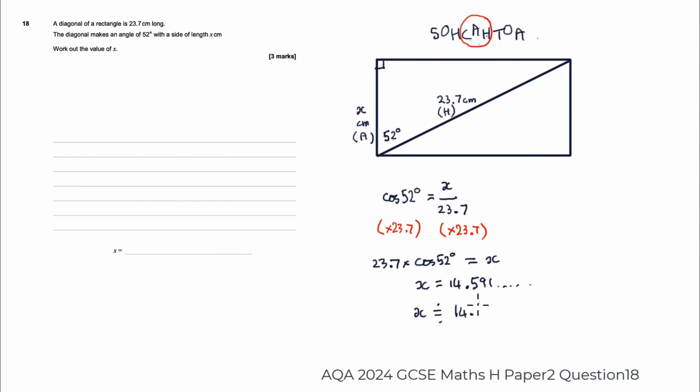Chopping a 9 off that 5 will go up to a 6. So it's approximately 14.6 centimetres. And that's to 1 decimal place or to 3 significant figures.